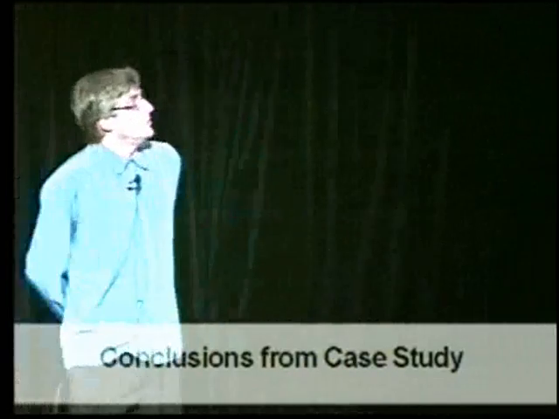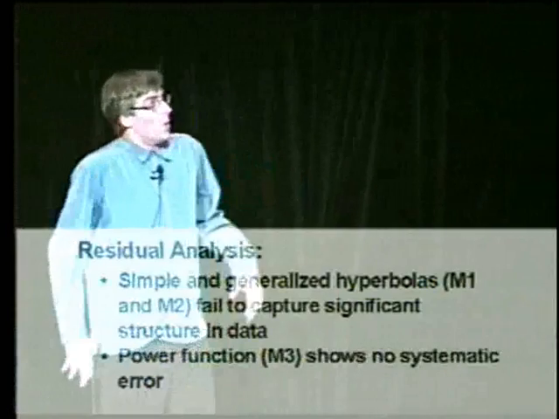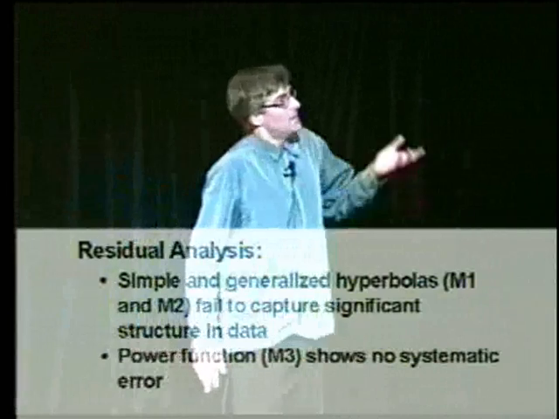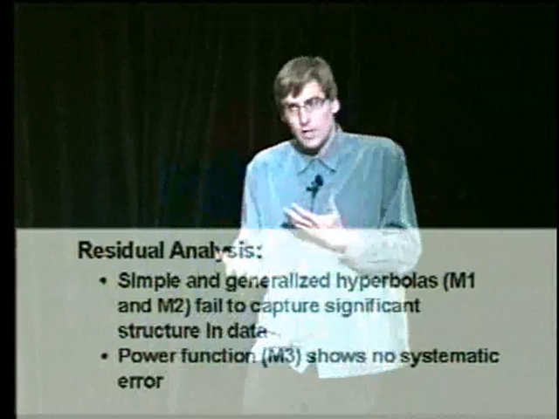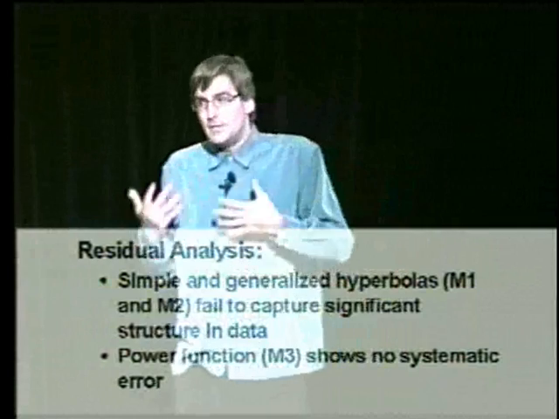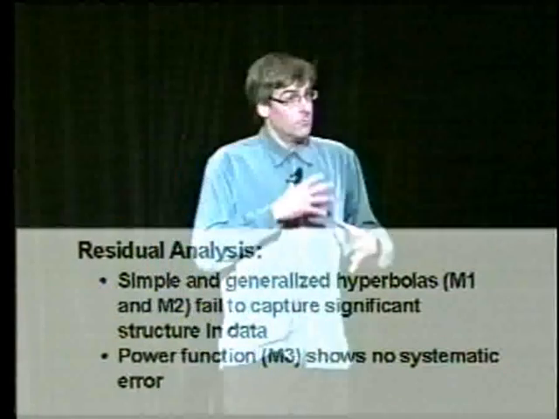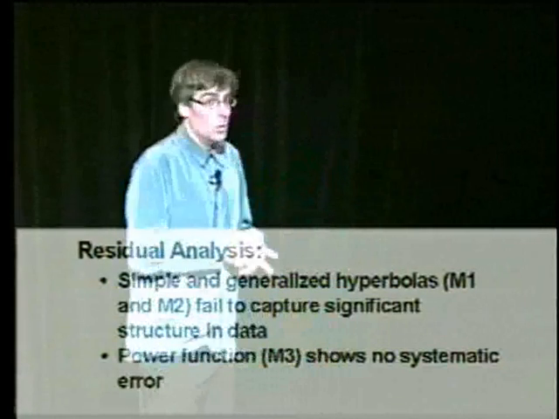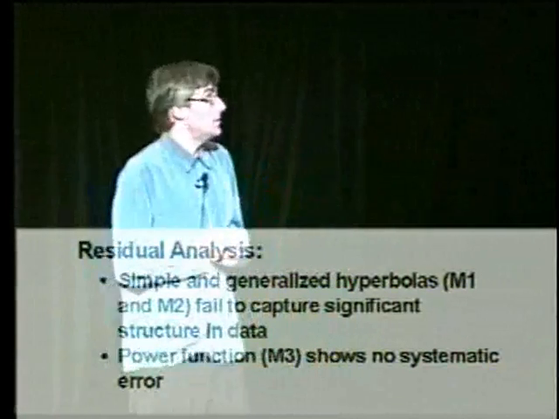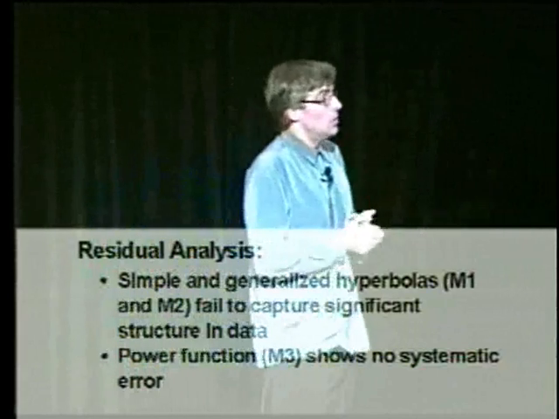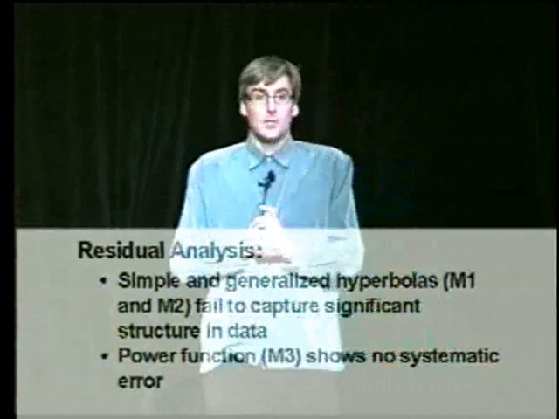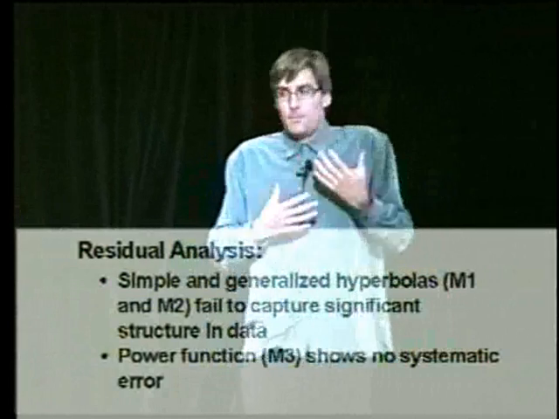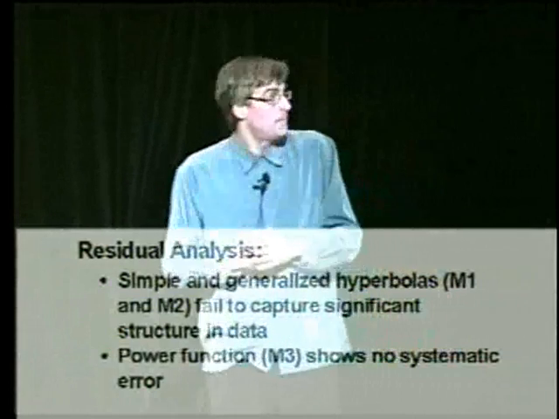So what are the conclusions from our case study? Well, with the residual analysis, the simple and generalized hyperbolas apparently failed to capture some structure in the data, as evidenced by a pattern of residuals that was non-random when plotted against the observed values. The power function showed no systematic error in the same analysis, and so according to residuals, the power function was performing best.